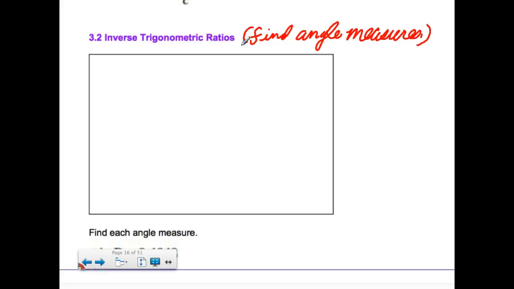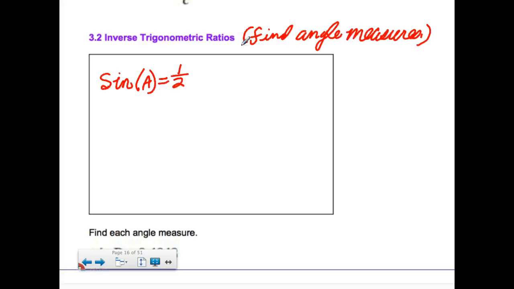So watch. And I'm going to use numbers here instead of variables just to make it easier. Suppose I know that the sine of some angle, let's say A, equaled 1/2.